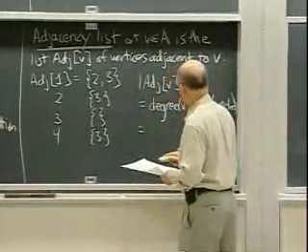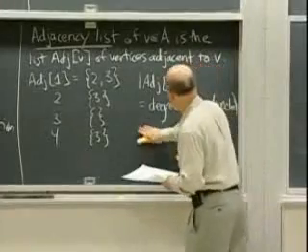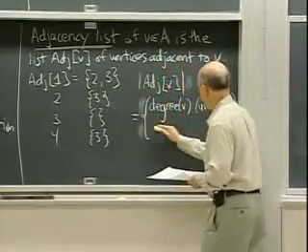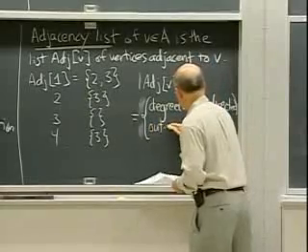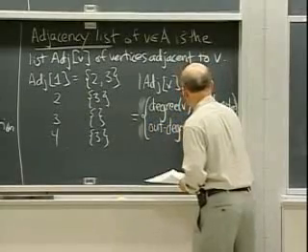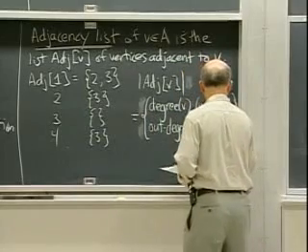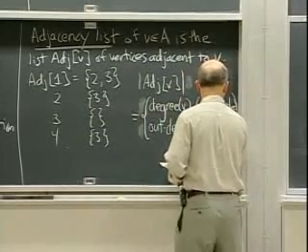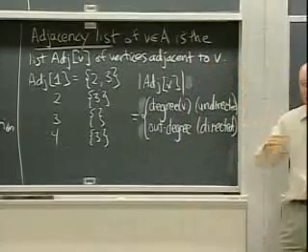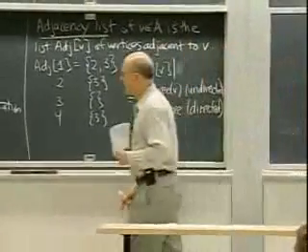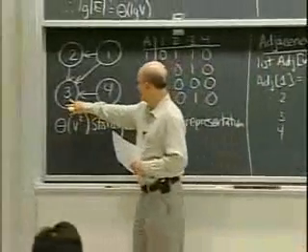In the directed case, actually, I guess the way we should do this is say this. If it's a degree, we call it the out degree for a digraph. So in a digraph, we have an out degree and an in degree for each vertex. So here the in degree is 3.